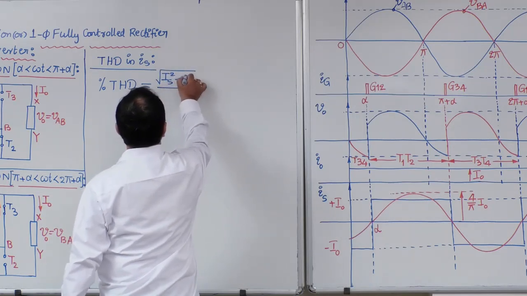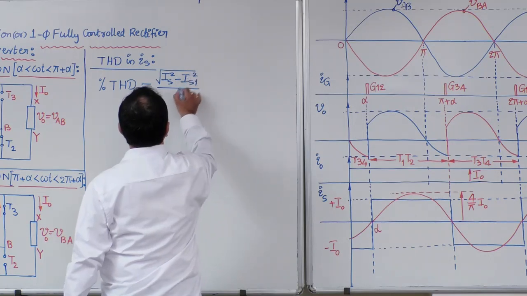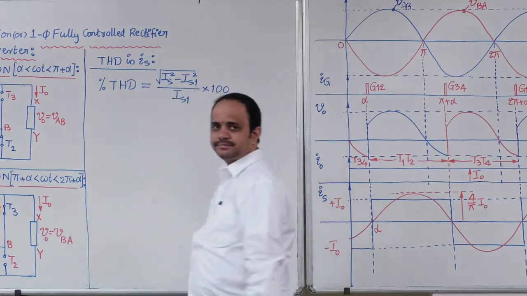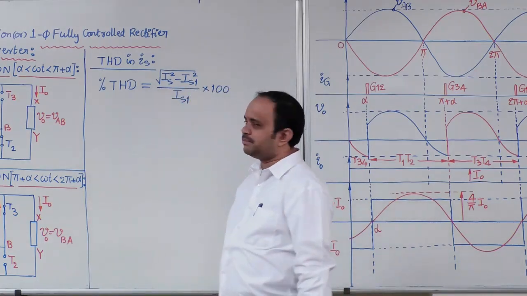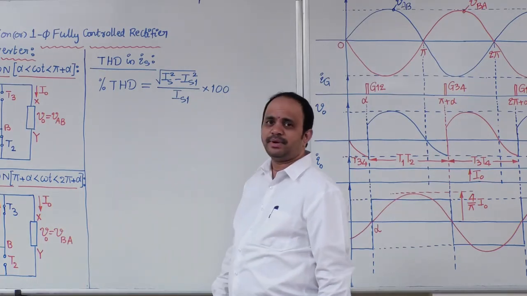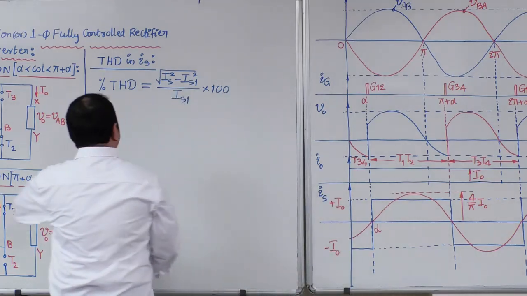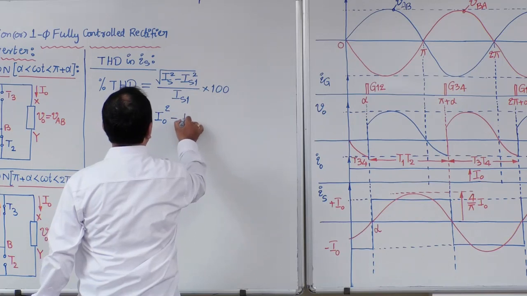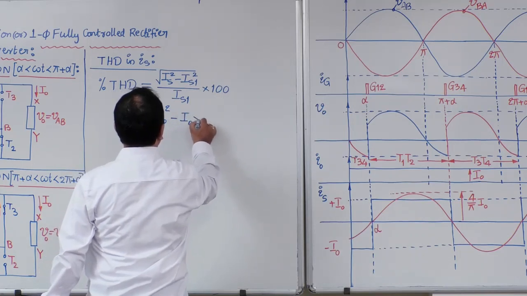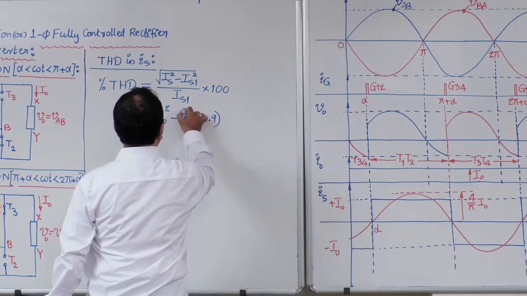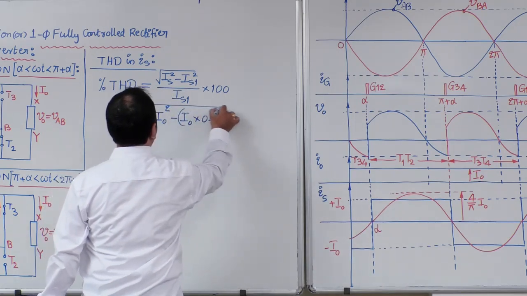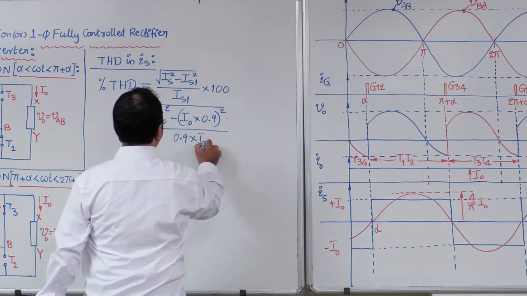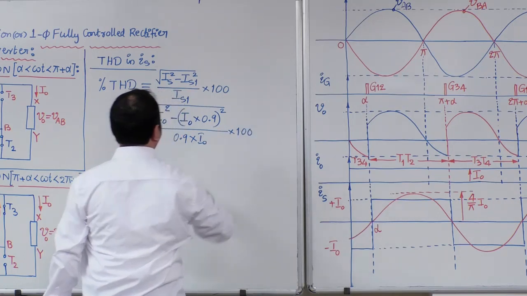Percentage THD is equal to the square root of IS square minus IS1 square, divided by IS1, into 100. If you substitute the IS value, that is I0, and IS1 as I0 into 0.9, you get the square root of I0 square minus (0.9 I0) square, divided by 0.9 I0, multiplied by 100.